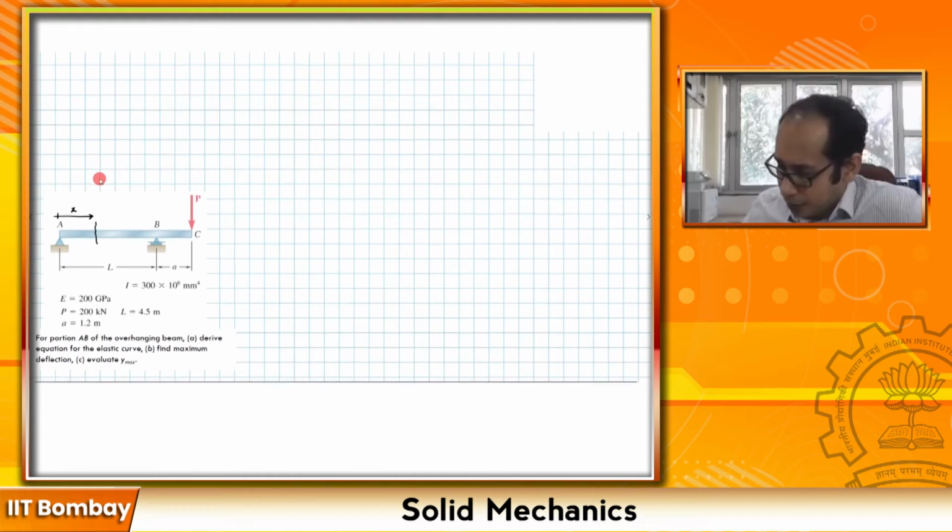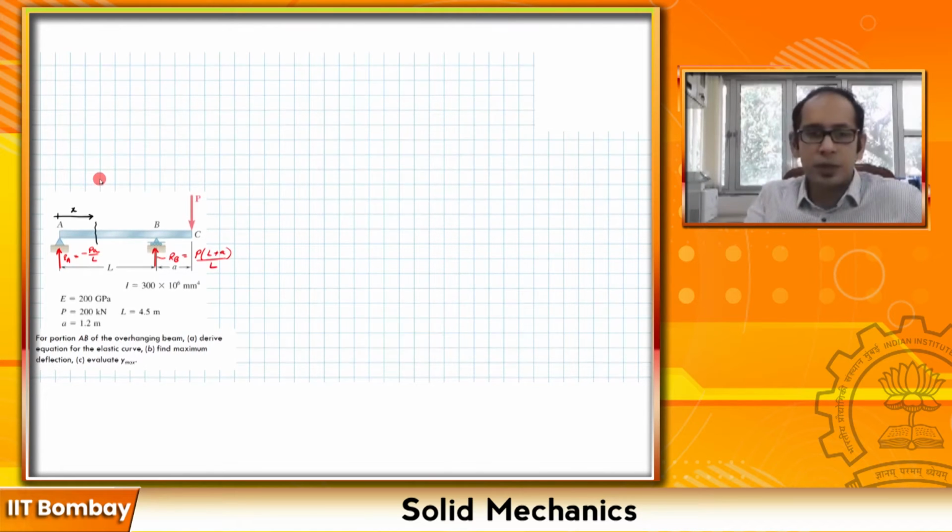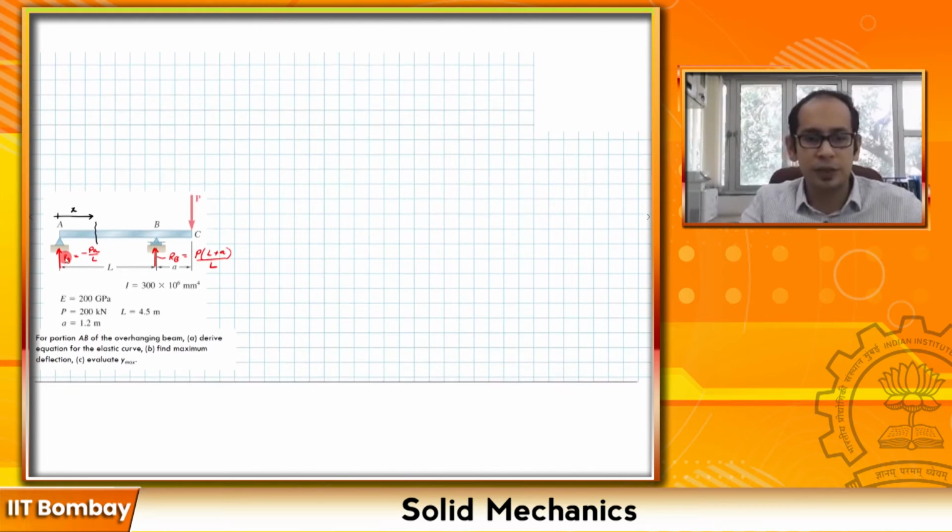You can go back and check it later. So these are the reactions that you get. So at the left end is minus P over L. So essentially it pulls the beam downwards over here, right? So now at a distance x, let's draw the free body diagram and write the expression for the moment.